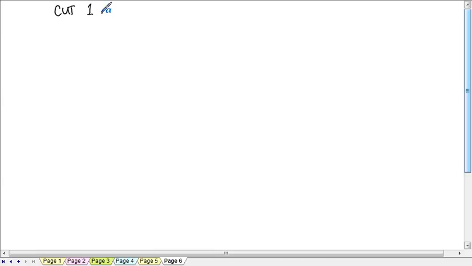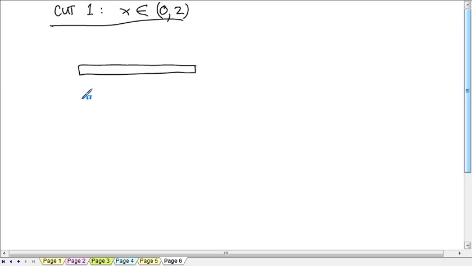So cut 1. The right side of our body is going to represent x values everywhere from just more than 0 to just less than 2. So now this length is x. We're going to have this force for sure.